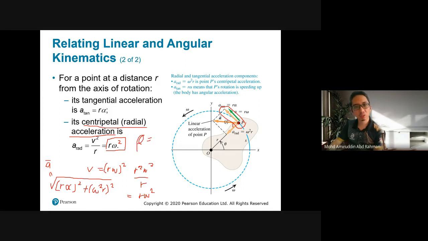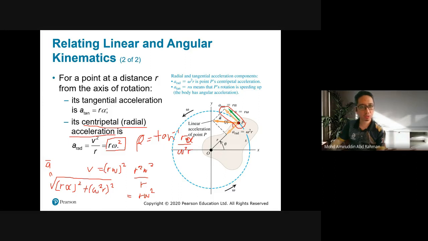That is equal to the inverse tangent of r alpha divided by omega squared r.